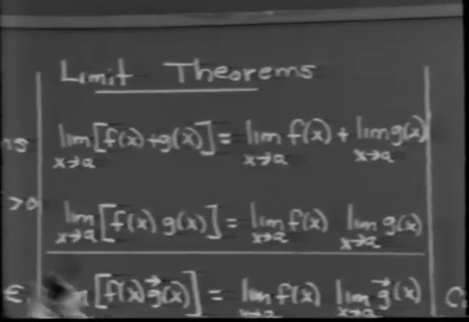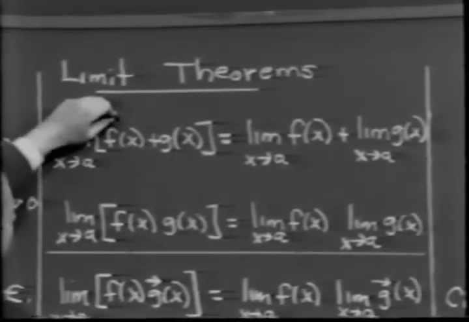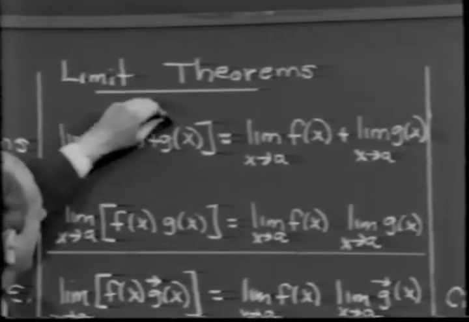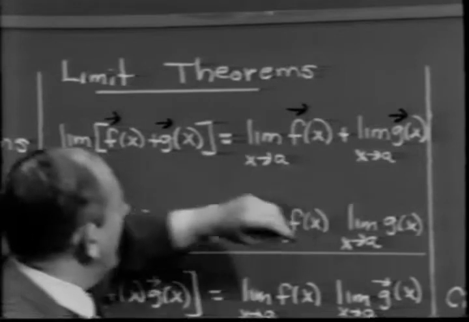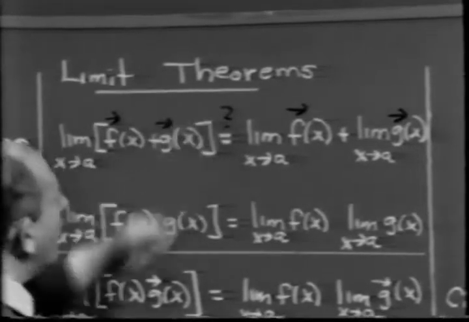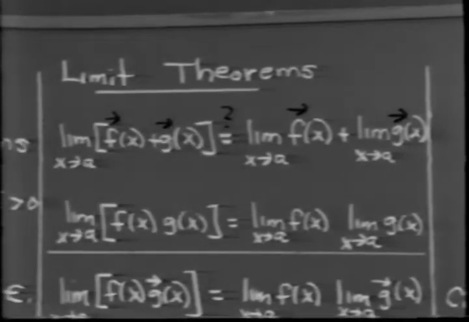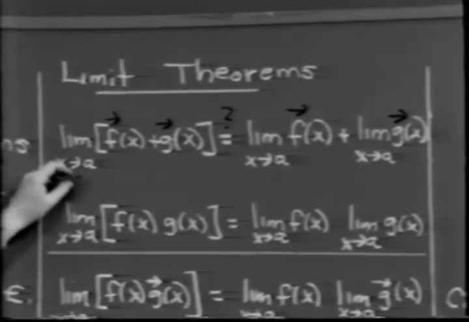We just write it down because once we've proven it, we can always use it. In other words, let me vectorize this. And I'll put a question mark now because I don't know if this is true for vectors. I don't know if the limit of a sum is the sum of the limits when we're dealing with vectors rather than with scalars.